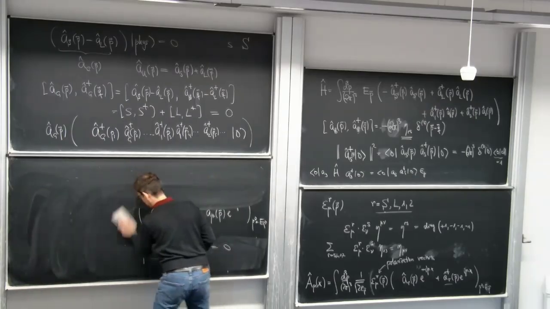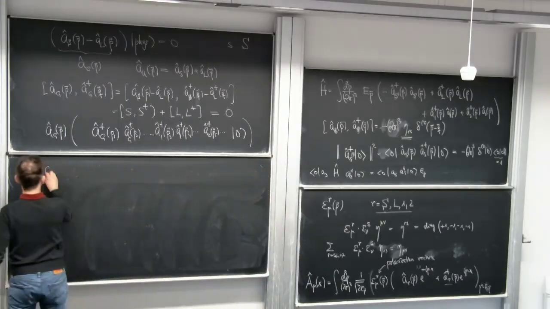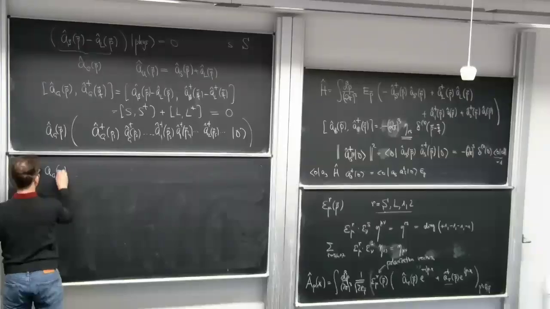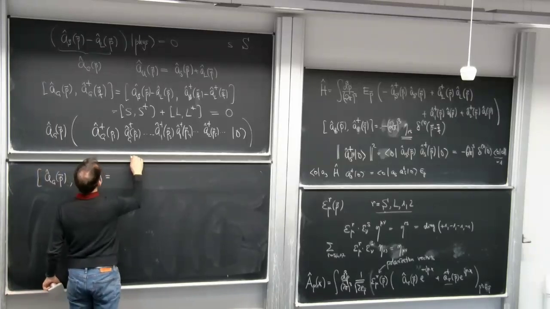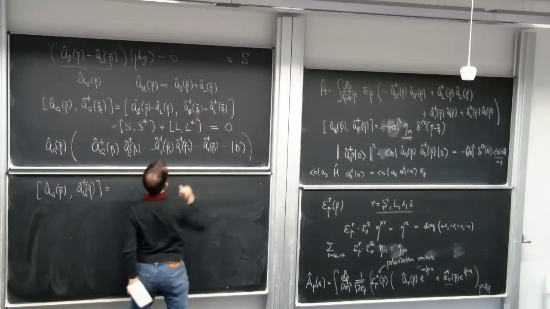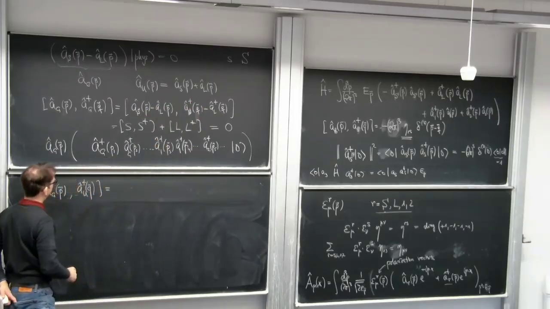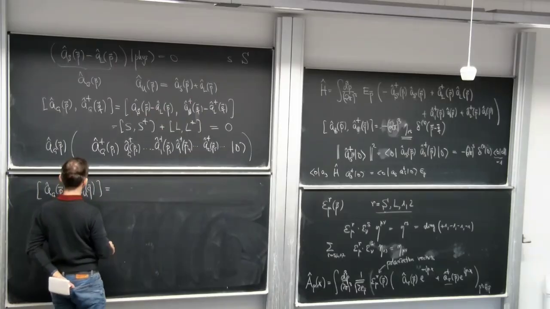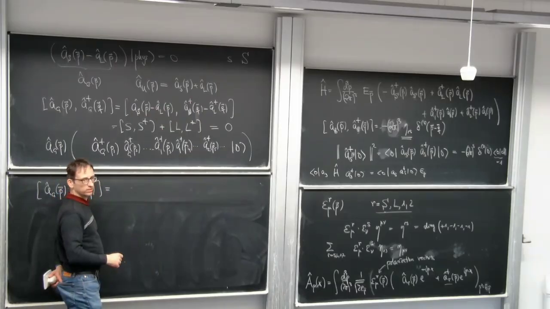Because A_G of p with a U dagger of U doesn't commute. So the U has a plus sign here, so it has a plus sign there, and therefore has a minus sign there. And therefore, I guess it won't be zero.